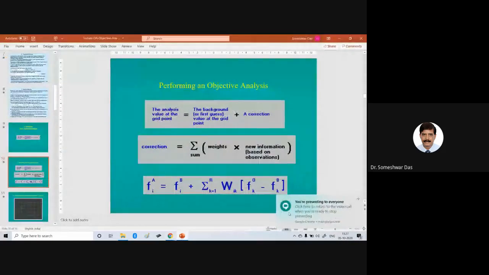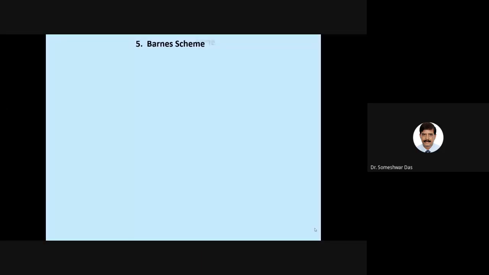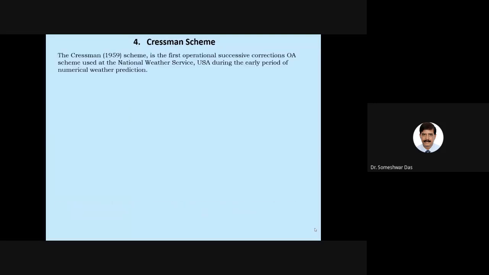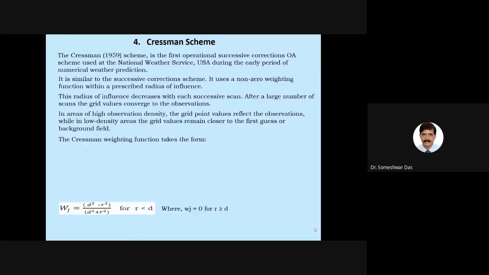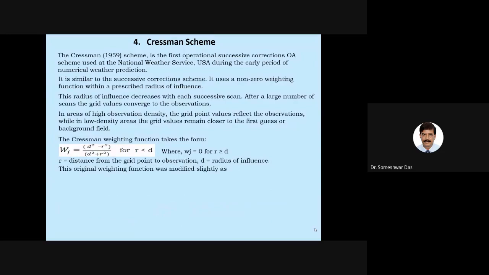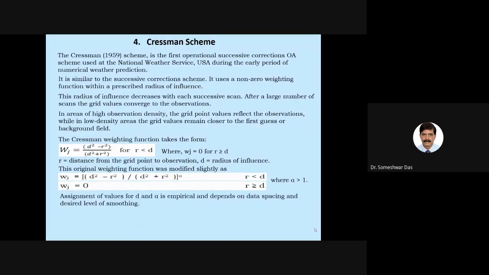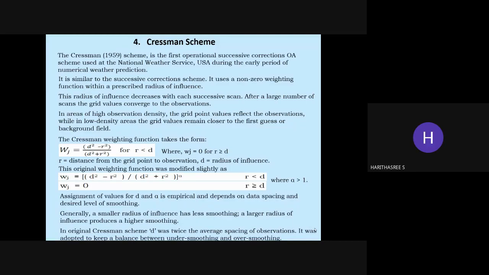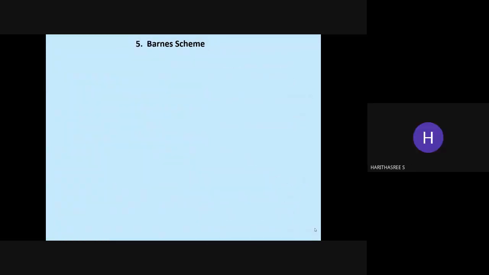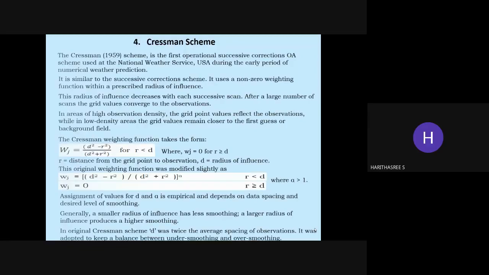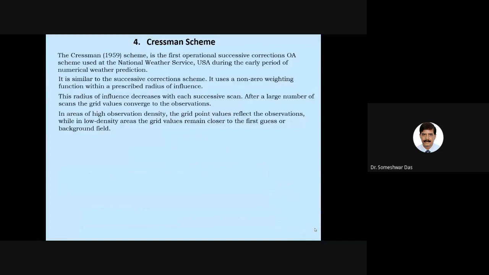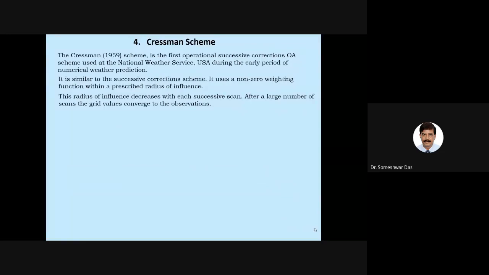I don't remember where exactly I got disconnected. Let me go back to my previous slides. Where was I? Was I discussing the Barnes scheme or Kurtzman's scheme? Can you tell me? Before this, before the previous, even before. Kurtzman's scheme I did not discuss at all, I was disconnected.